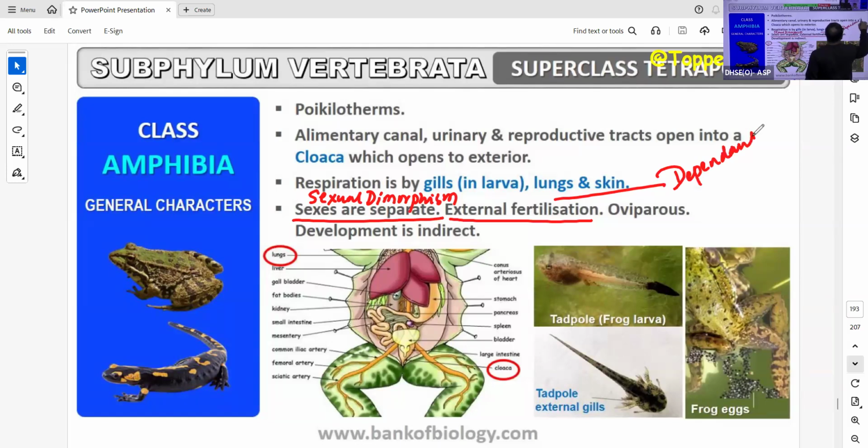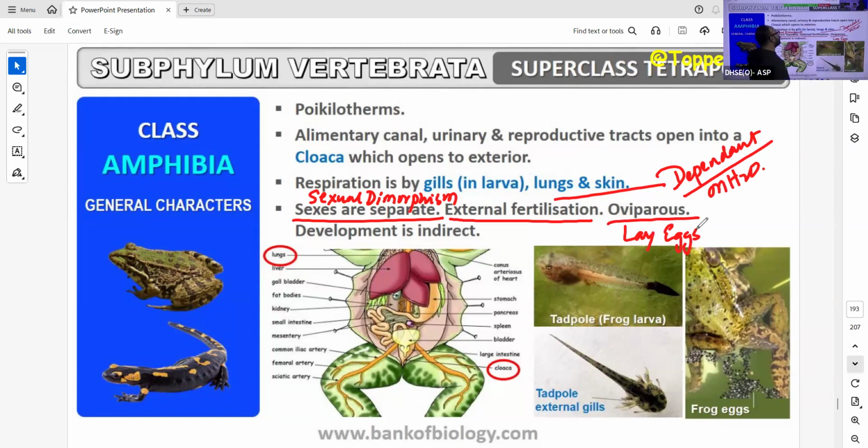In this way only they are dependent on water. Now, the frogs are basically oviparous, that is, they lay eggs.